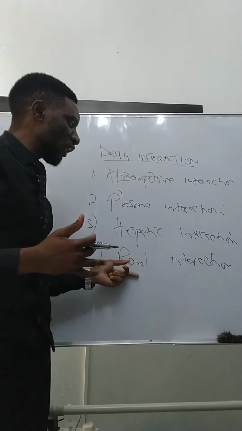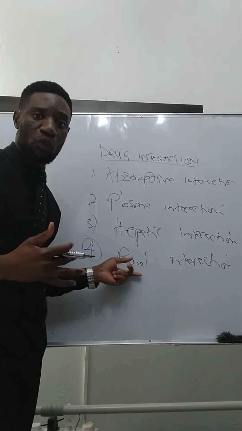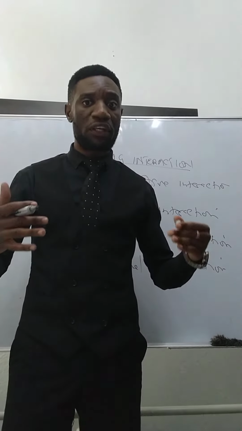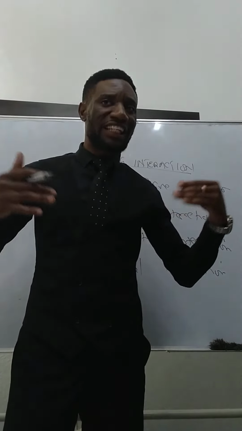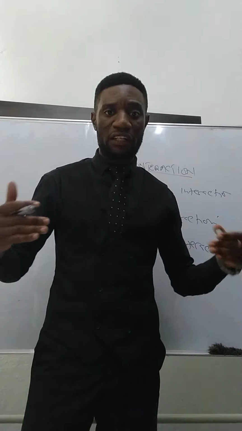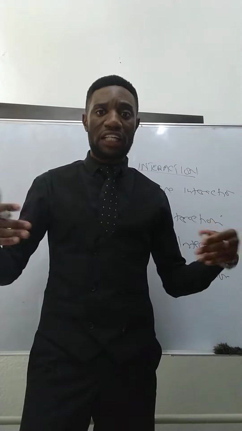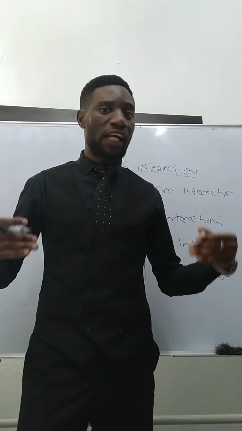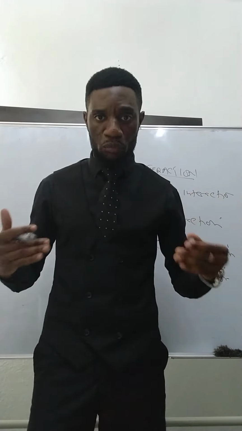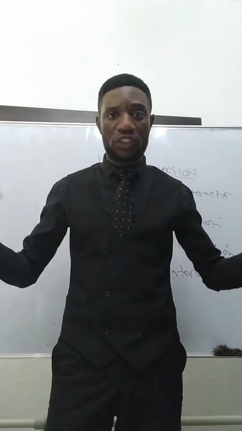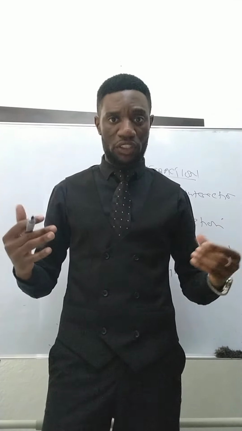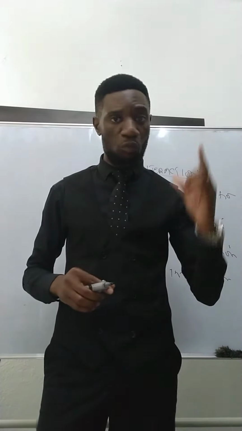And then renal interaction, which is the interaction that occurs in the kidney. Remember that drugs have to be excreted or eliminated from the body. For a drug to be easily flushed out through the kidney, it has to be water soluble. The kidney has transporters like organic anion transporters type 1 and type 2.